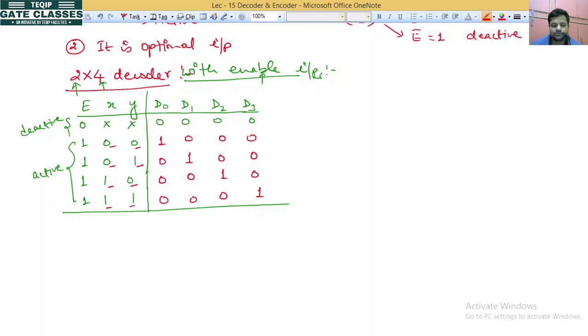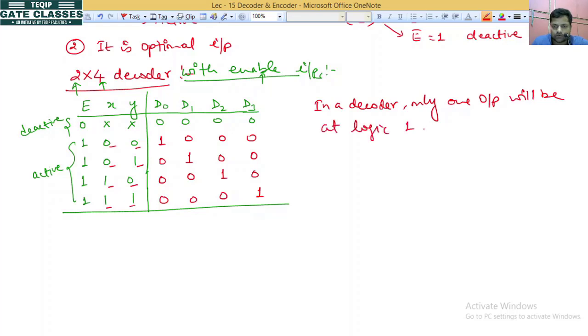All other outputs are 0. So in a decoder only one output will be at logic 1 at a time, है ना. तो हमेशा जब भी हम डिकोडर की बात करेंगे, only one output will be at logic 1 for one input.